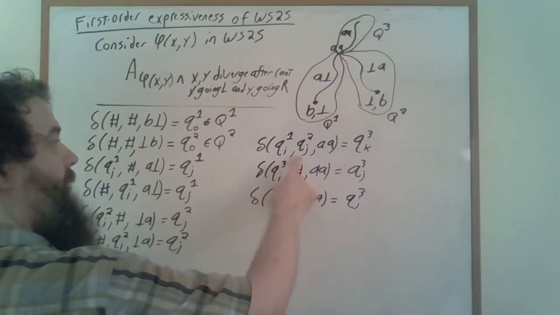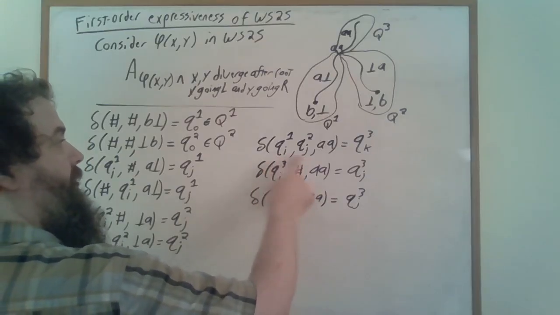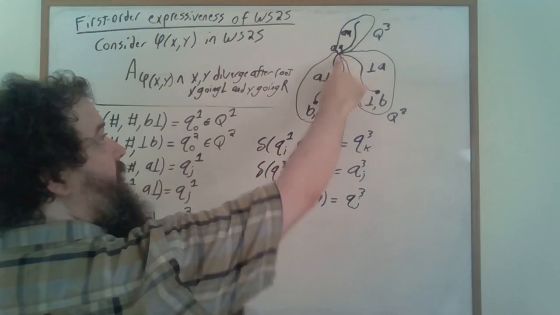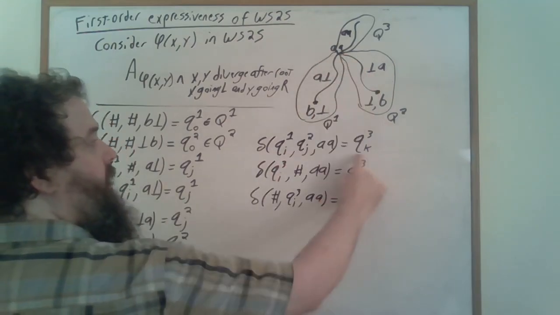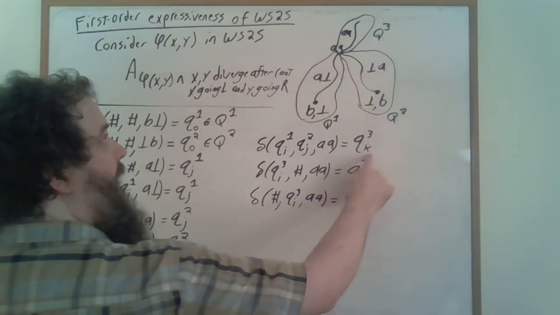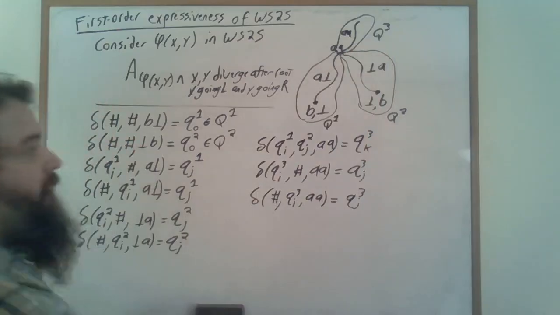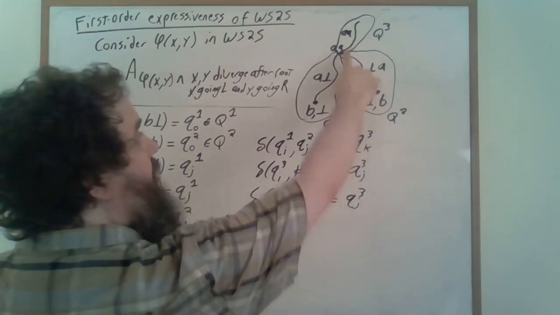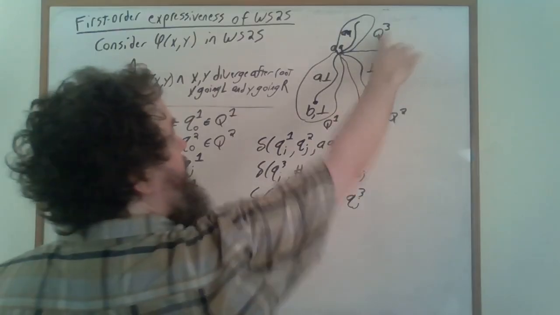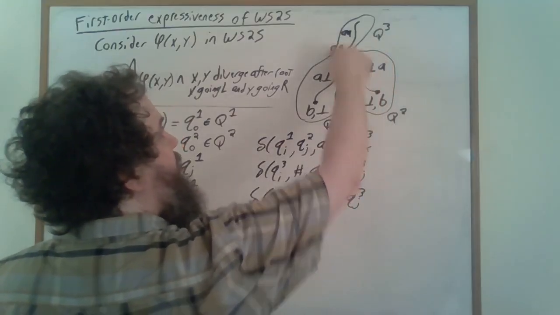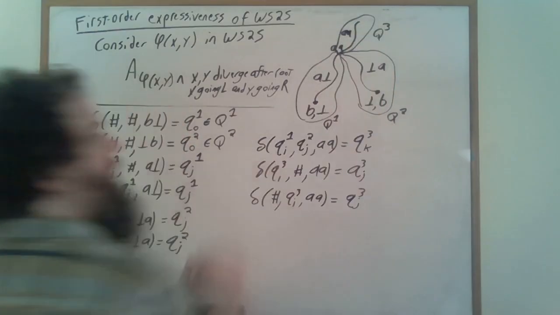And again, based on what states get associated to the two children nodes of the branch point, we're going to associate some state Qk to the branch point itself. And that Qk is going to be in Q3. It's going to be in the set of states for this bit of the tree here.